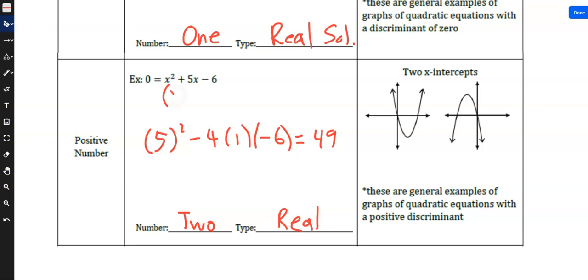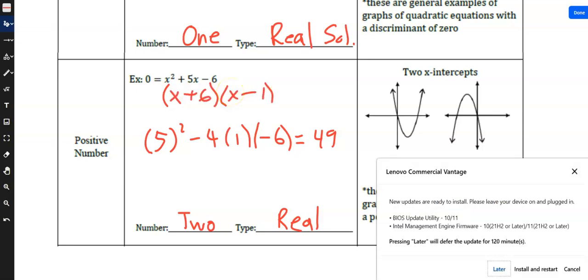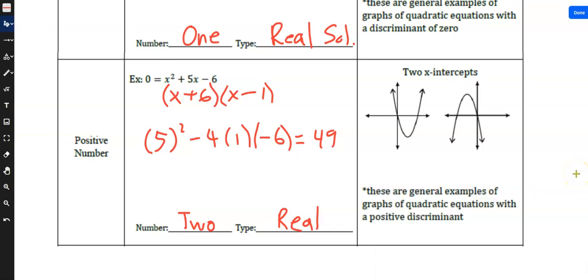And if you were to factor this, you could easily see that the two places are -6 and +1. Remember, you set the factors equal to 0 and solve. But we do have two places where this one crosses. Get that thing off my screen. Okay.